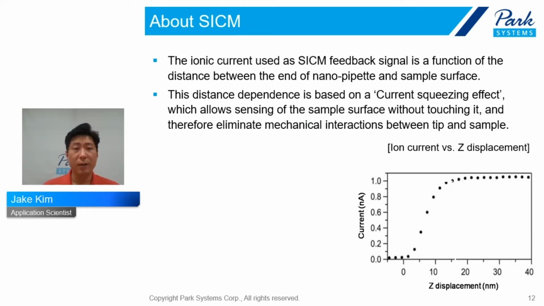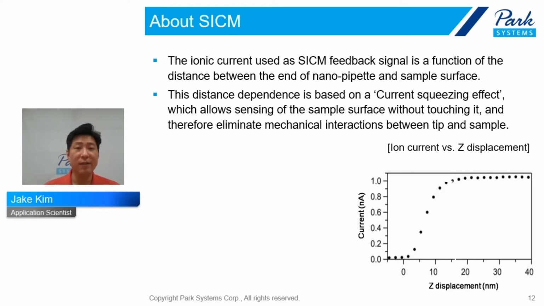As I said, SICM is a very suitable technique for biological samples due to its true non-contact mechanism. And here is the reason why it is truly non-contact. SICM uses ion current, which is generated in the electrolyte and flows through the pipette tip end.